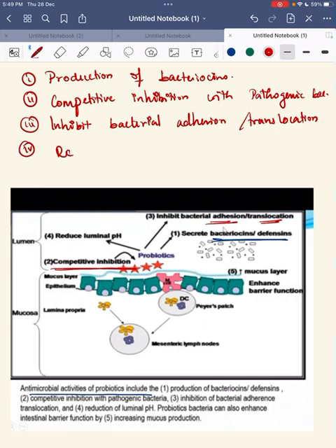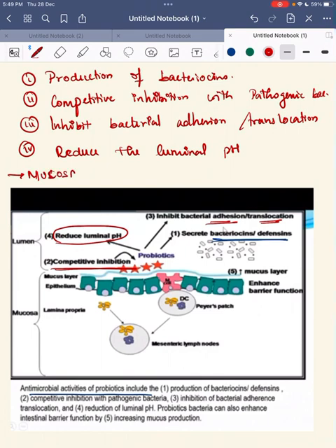Fourth, they reduce the luminal pH. Once the luminal pH is reduced, it creates an environment in which bacteria cannot survive. These are the luminal effects. The last effect is in the mucosa.